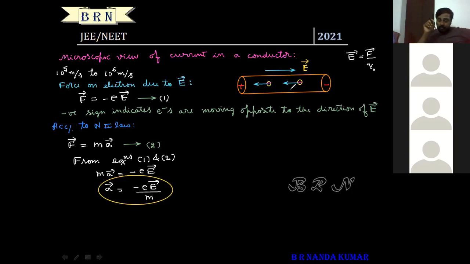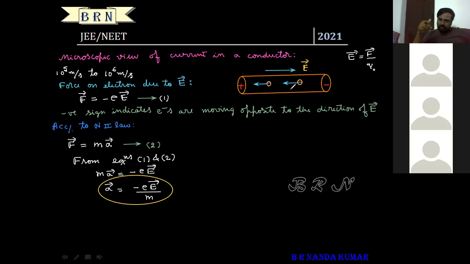Okay. So due to this acceleration, the free electrons gain extra velocity. Acceleration means the velocity increases as time increases. So due to the acceleration, the free electrons gain extra velocity, because the free electrons are accelerating. But that is for a very short time.